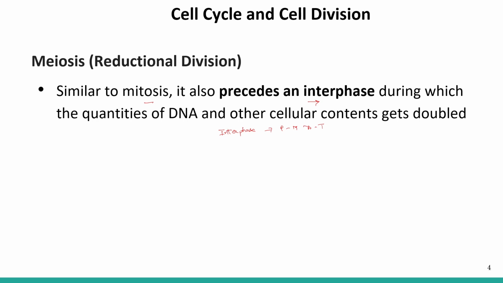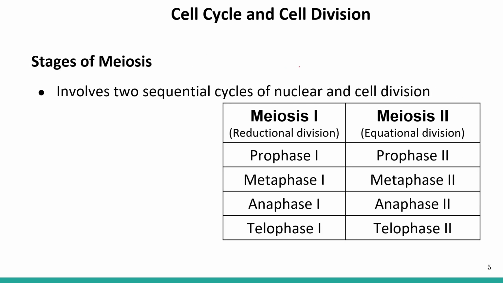Similarly, meiosis also has interphase first, and then prophase, metaphase, anaphase, telophase. Then again we have a short interphase, and then again prophase 2, metaphase 2, anaphase 2, and telophase 2.